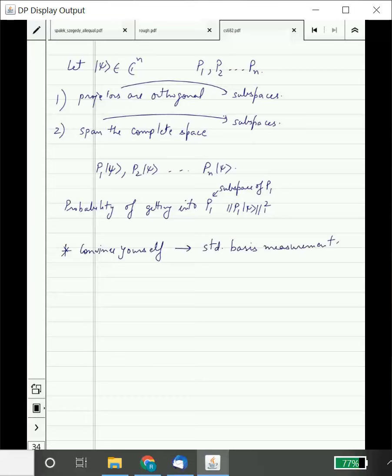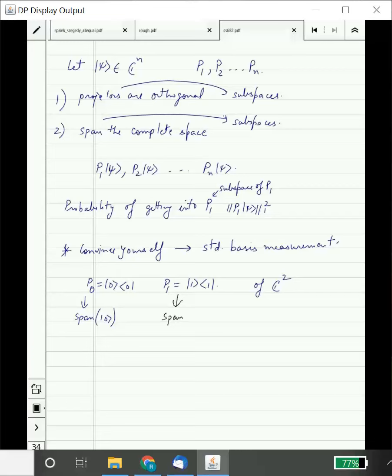We had projectors. In the case of standard basis measurement, we had two projectors, |0⟩⟨0| and |1⟩⟨1|, of C². Notice that the subspace corresponding to P0 is the span of |0⟩, and the subspace corresponding to P1 is the span of |1⟩.